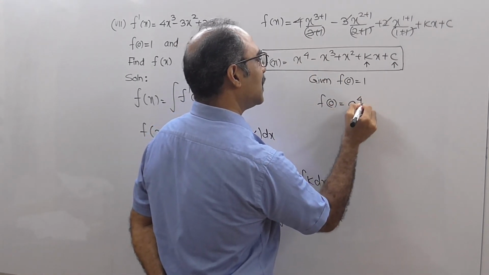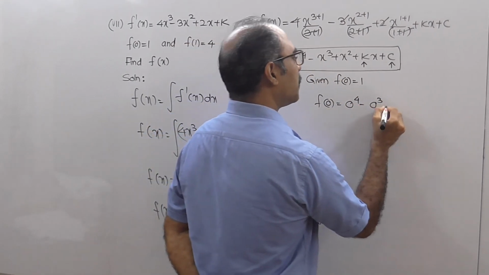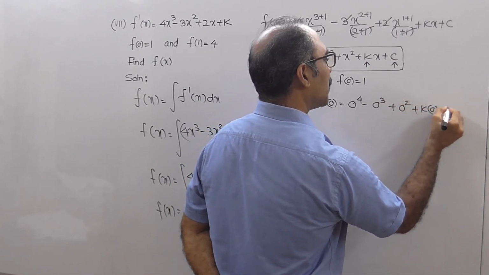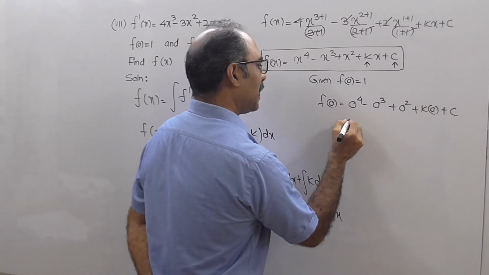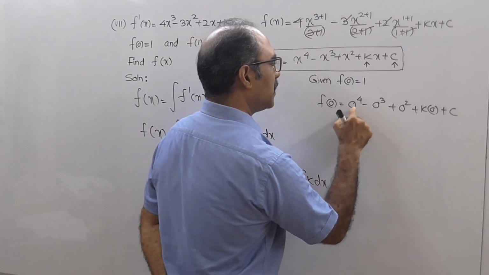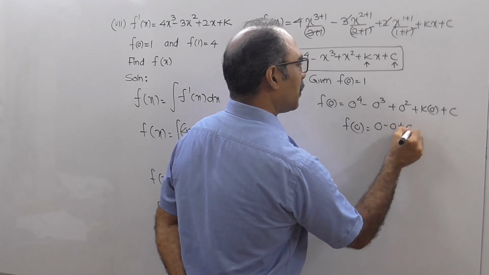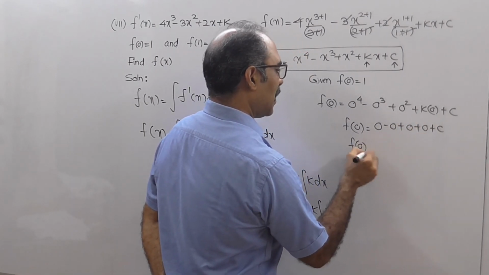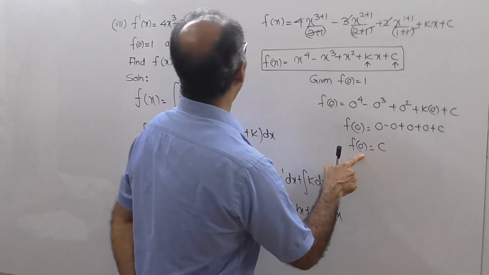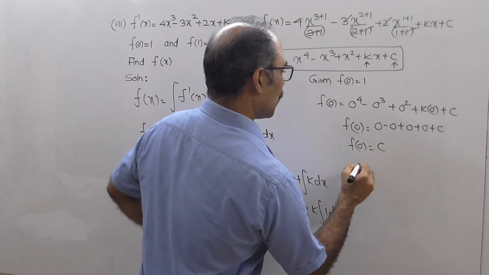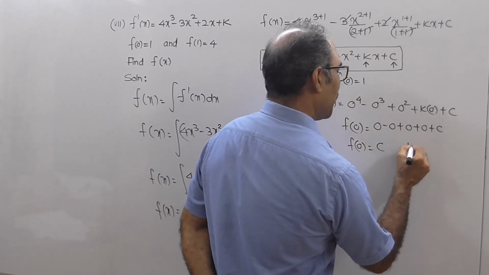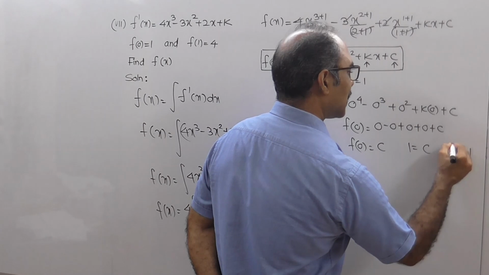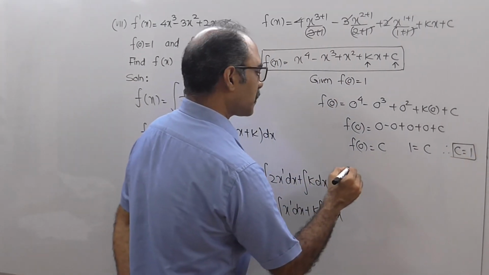So I get 0 raised to 4, 0 cube, 0 square, k into 0, plus c. So ultimately can I say that my f of 0 will be 0 minus 0 plus 0 plus 0 plus c. But f of 0, I think the answer is 1. So I will replace f of 0 with 1, therefore I get 1 equal to c. So indirectly I get c equal to 1.